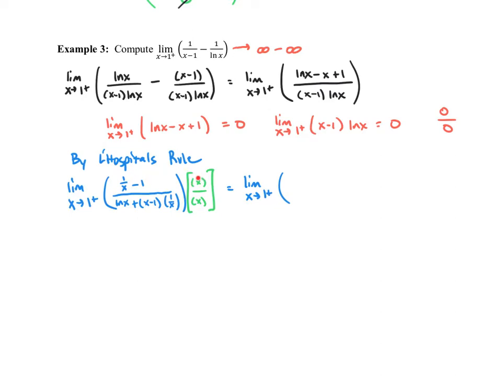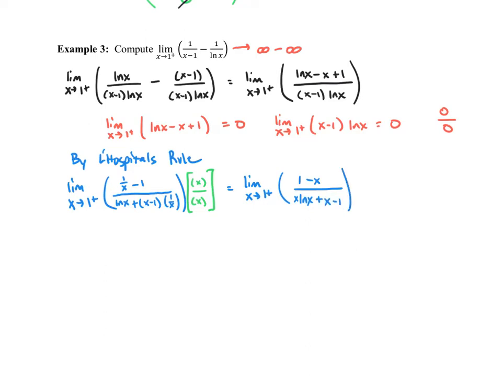For instance, when I multiply it through to the 1 over x, x times 1 over x is just 1, minus 1 times x is x. So we have 1 minus x in the numerator. In the denominator, I have x times natural log of x. Again, I'm distributing this through. Now keep in mind, this is a product. So I have x times 1 over x, which cancels to 1. So I'm going to get x times ln of x plus x minus 1 in the denominator.